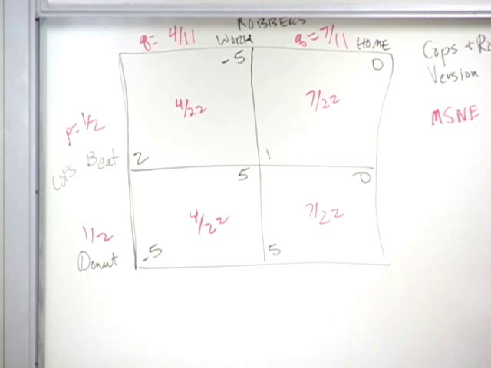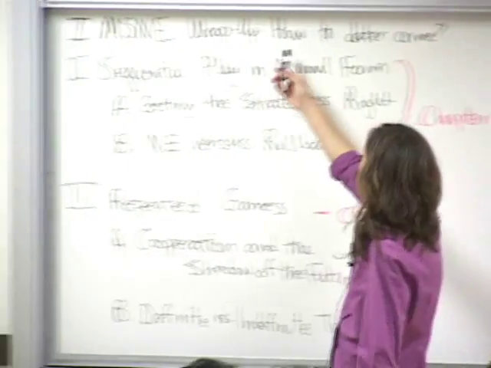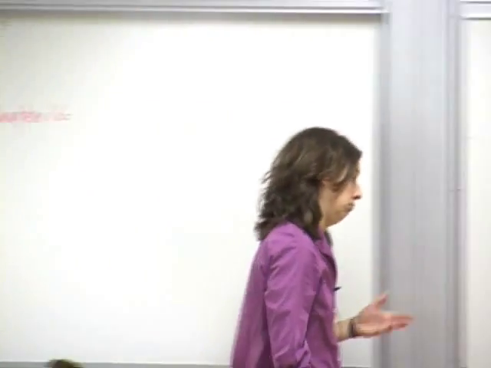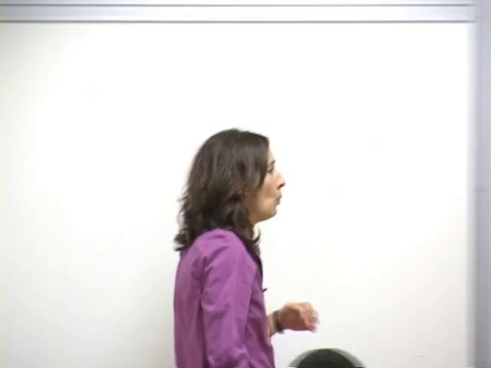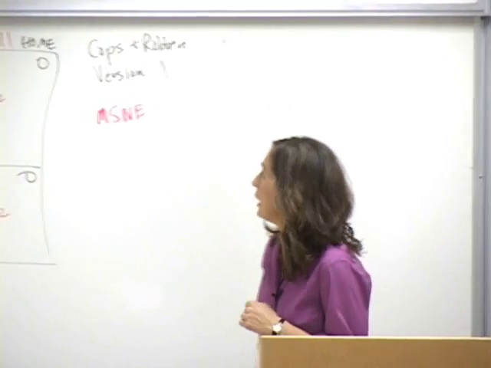Okay. So the last thing I want to look at is I want to use this game. I want to change it to ask some questions about what it takes in this game to reduce the amount of crime.